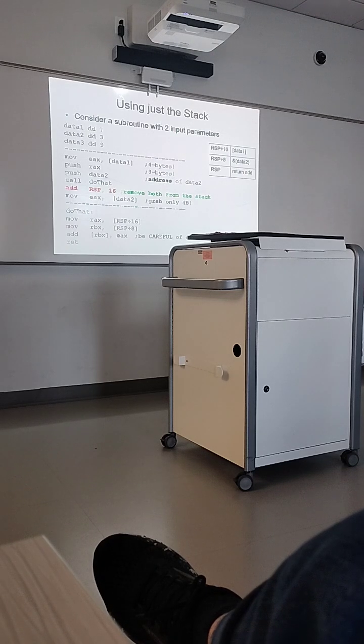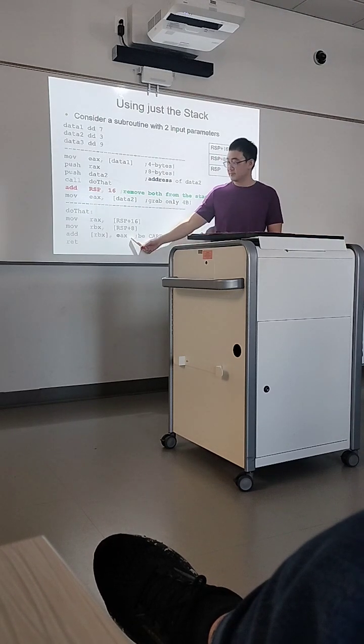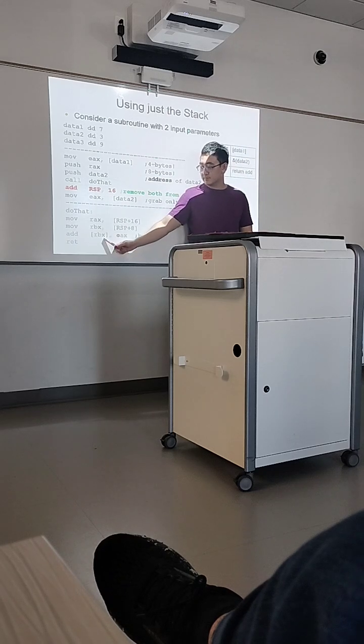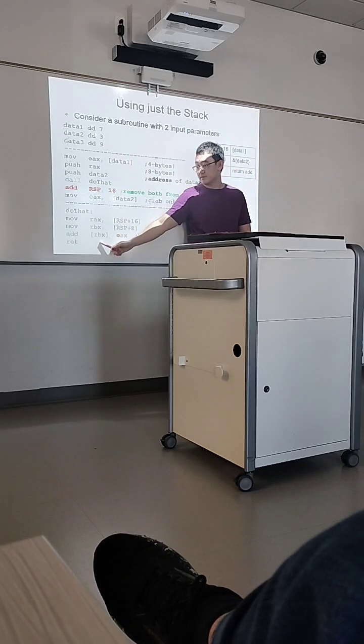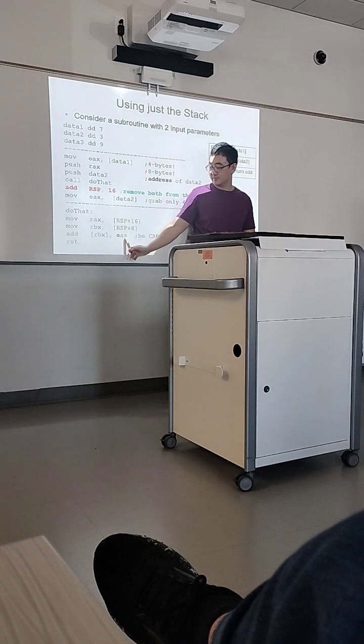It gets the data at RBX and then adds it with the data value of EAX, and then it returns. Oh, it's adding the RBX in brackets, so it's the value number 3. We're looking at this place right here. So it's 3 plus 7.